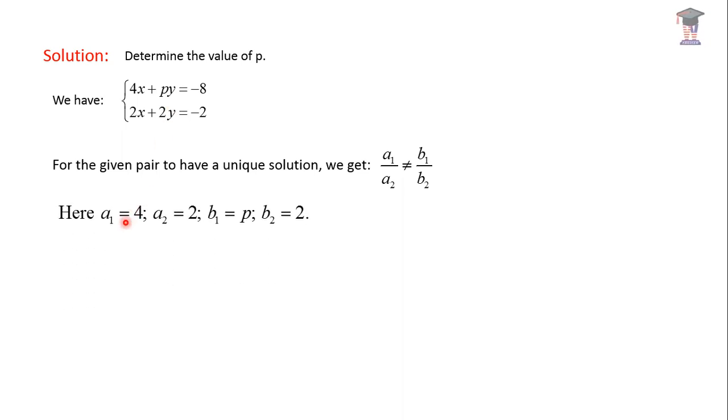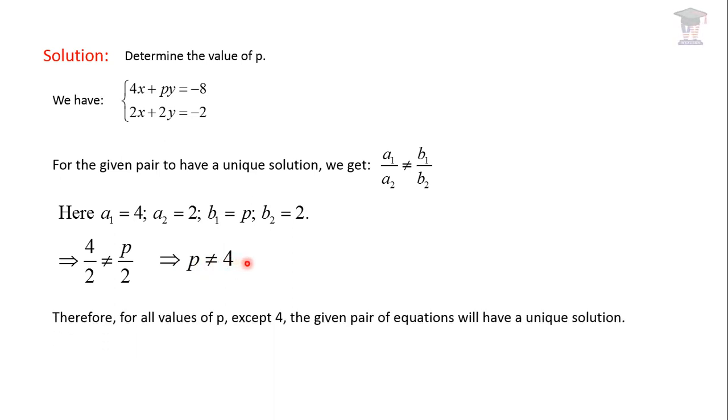Let's identify now. a1 is 4, a2 is 2, b1 is p, b2 is 2. So we can substitute into this expression. We get 4 over 2 not equal to p over 2. It means that p is not equal to 4.